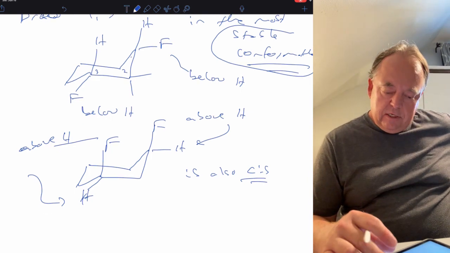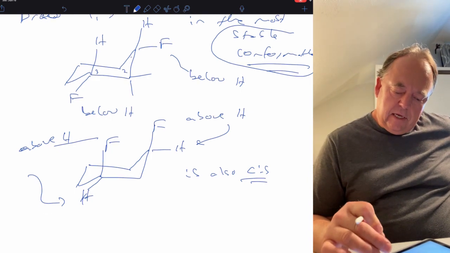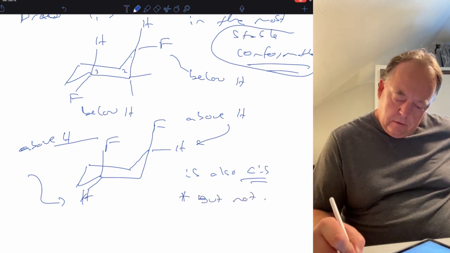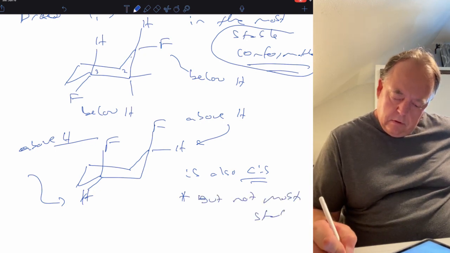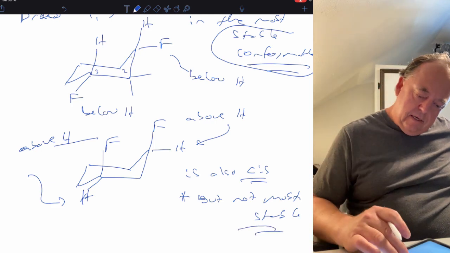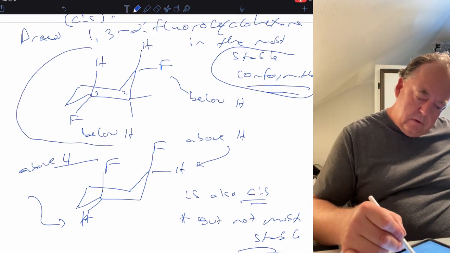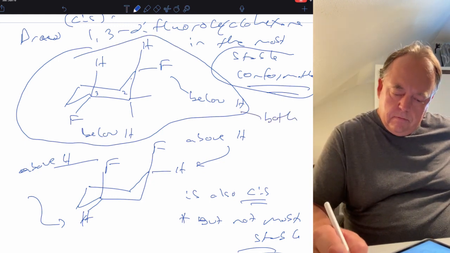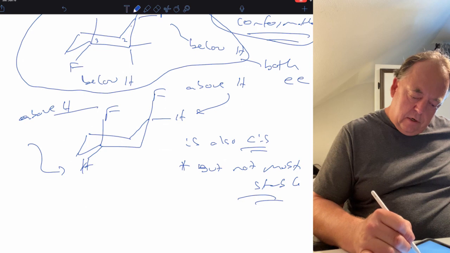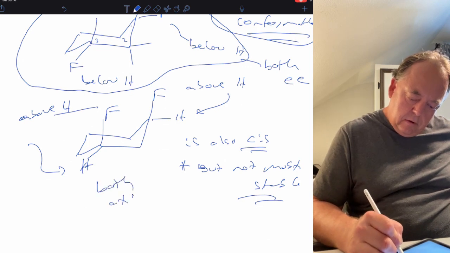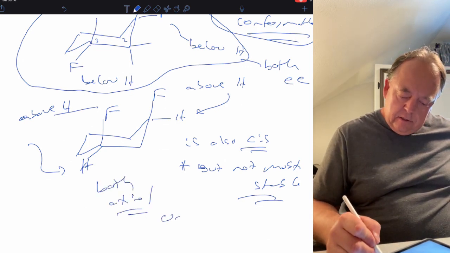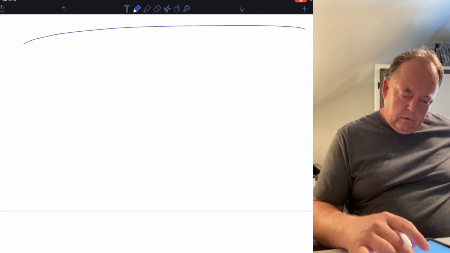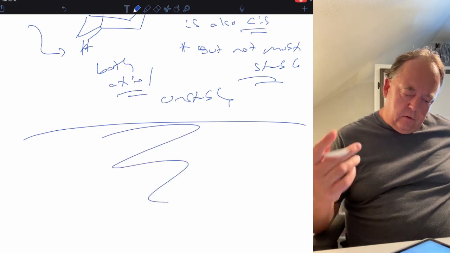So these are both cis, but if I ask you the most stable conformation, that's not the most stable, right? This is the most stable because they're both equatorial. Whereas here they're both axial, and that is unstable. Okay, so that's it. So hopefully that made sense.